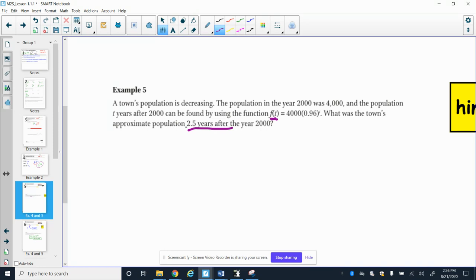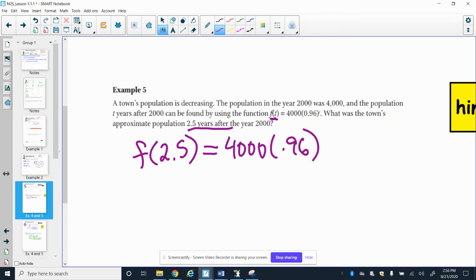So if it's saying 2.5 years after the year 2000, then find f of 2.5, because we're going 2.5 years later than 2000. Our input would be 2.5. So f of 2.5 equals 4,000 times 0.96 to the 2.5 power.